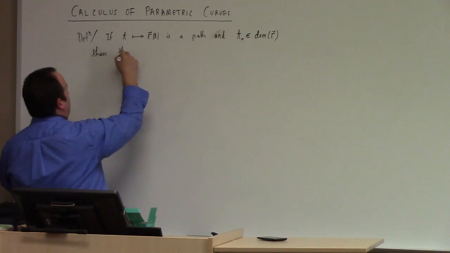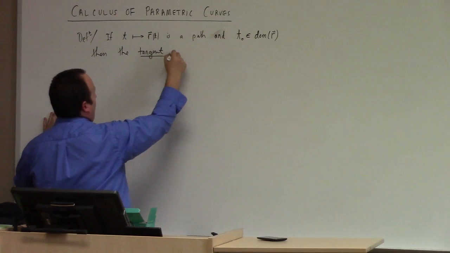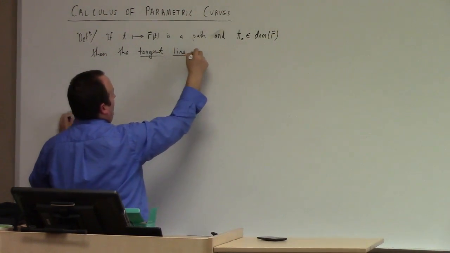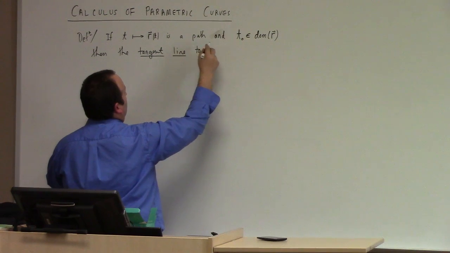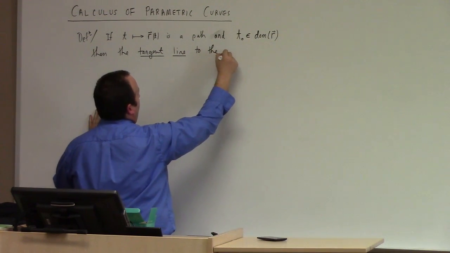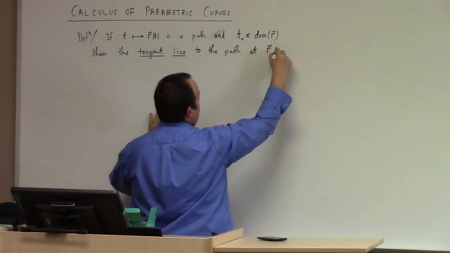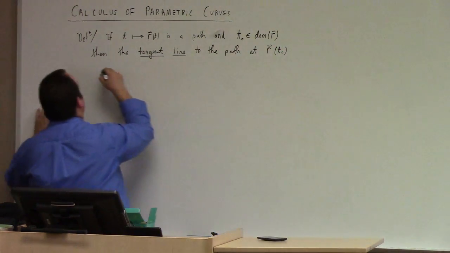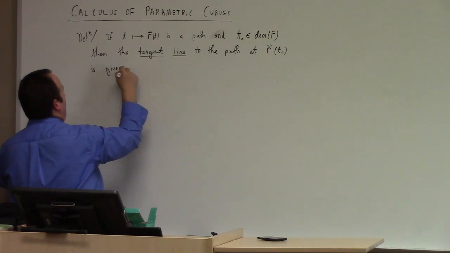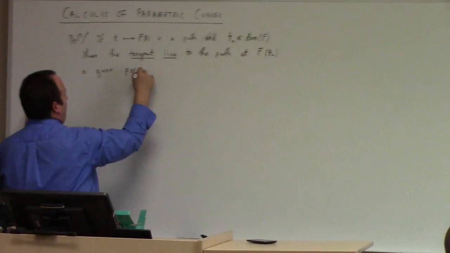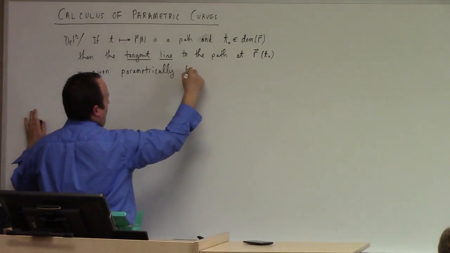the tangent line to the path at R of t naught is given parametrically by the following.